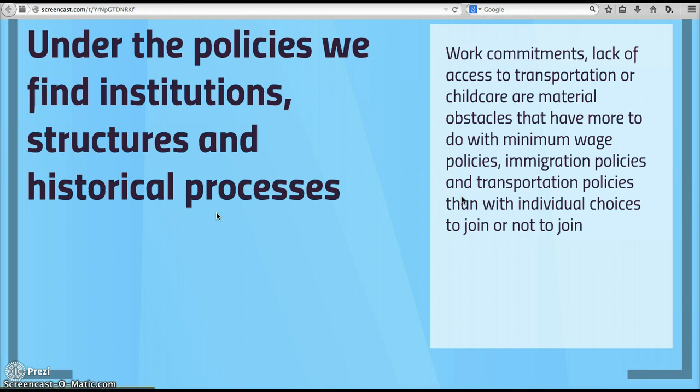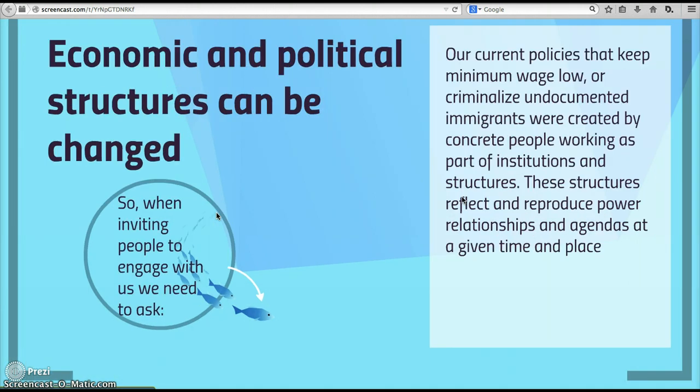So work commitments, lack of access to transportation or to childcare are concrete and material obstacles that have more to do with minimum wage policies, immigration policies, and transportation policies than with individual choices to join or not to join our program or event.